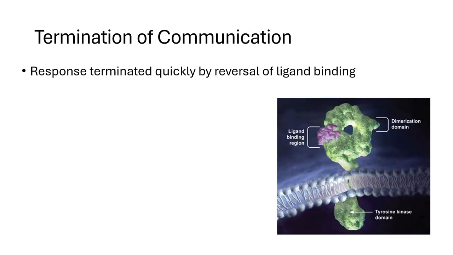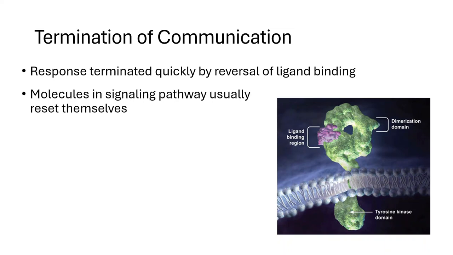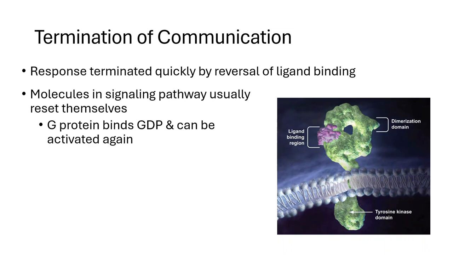Now, all of this has to be reversible because a signal is only useful when you can turn it on and off. So at every step of the way, there's a way to undo whatever happened during this signal transduction. So you can very quickly terminate the response by the ligand unbinding or dissociating from the receptor. A lot of these molecules in the signaling pathway will reset themselves.